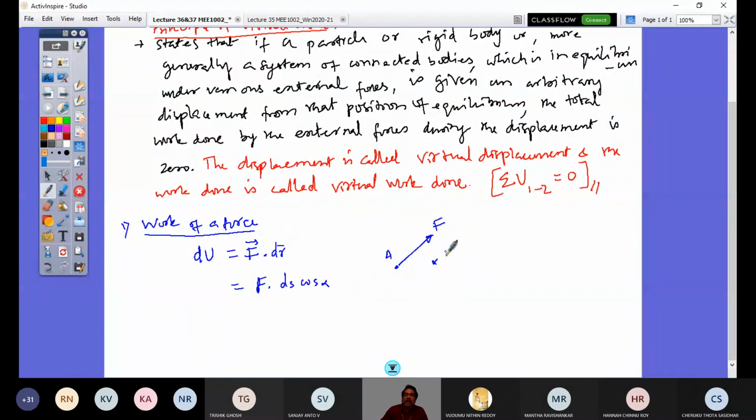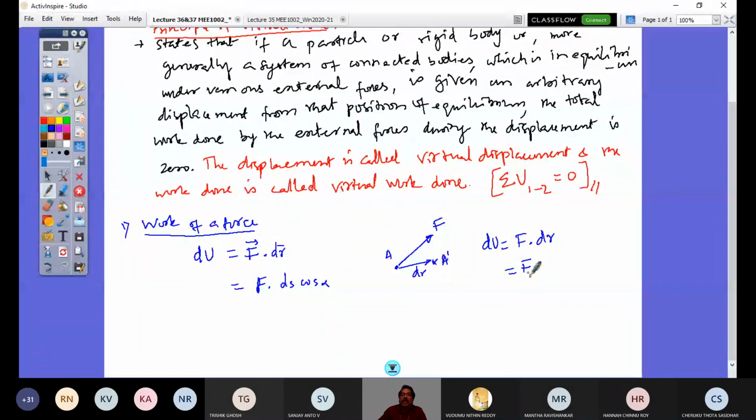Then the displacement is dr. If you see this force vector and the displacement of this point to A dash, the new position, given by dr, then the elemental work is F dot dr, which is F into ds into cos alpha.